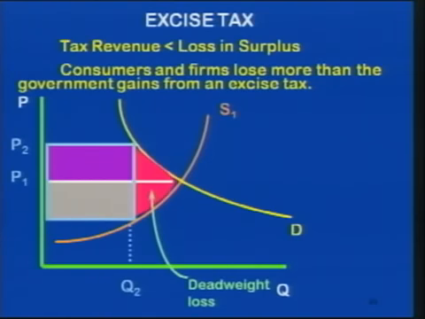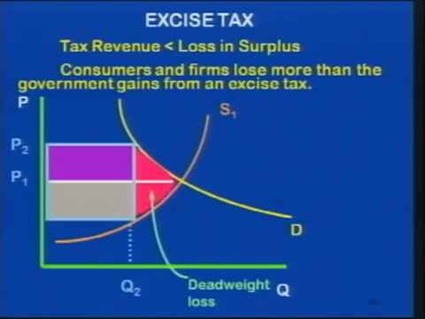I don't know where that term ever came up, but it's important to recognize that it's a loss that is not ever transacted. It's not money that changes hands in any way. What happens is, since consumption moves back from where it was, consumers lose by consuming less of the good.